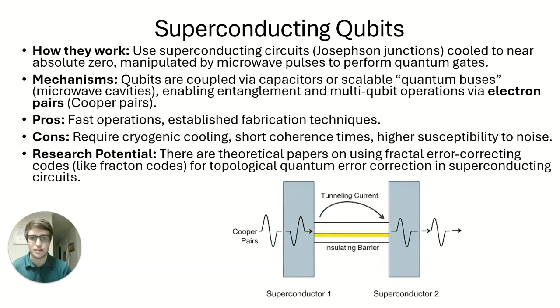So the configuration of metal atoms are in a lattice structure, and that's what makes up the superconductor. And the vibrations that go through that lattice, those vibrations are called phonons, and that energy from the phonons gathers the electrons together to make a Cooper pair. And then when that Cooper pair goes through an insulating barrier, it can be used for quantum computing. And we'll come back to this later on.